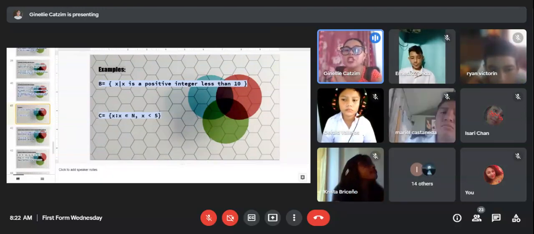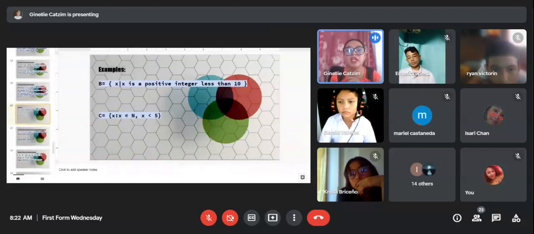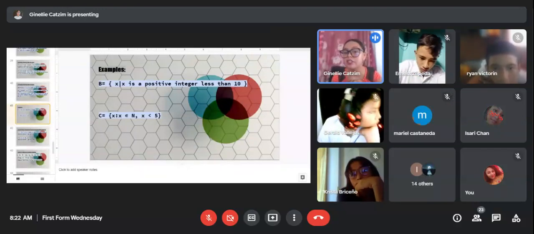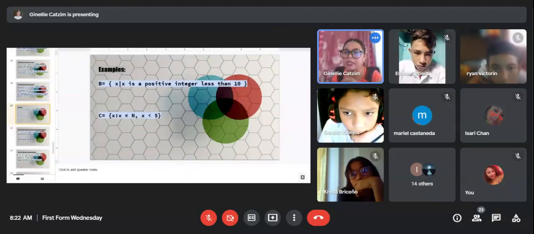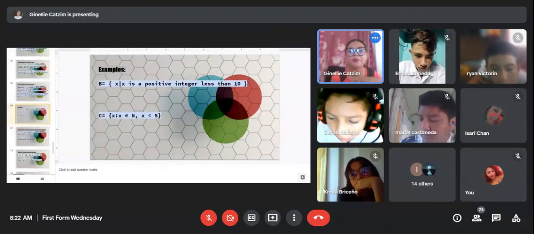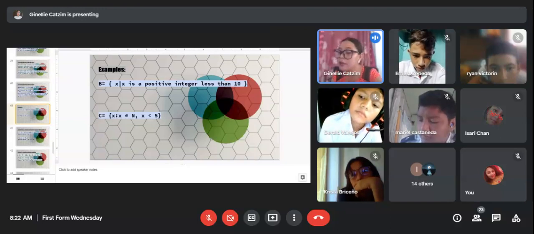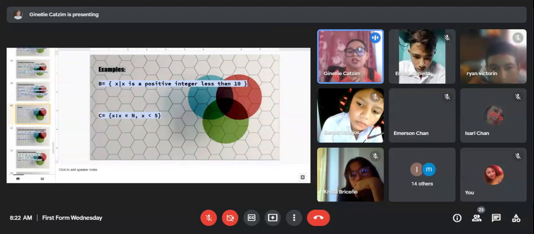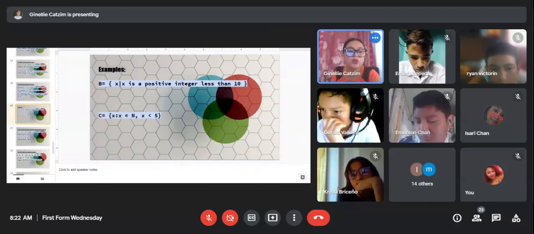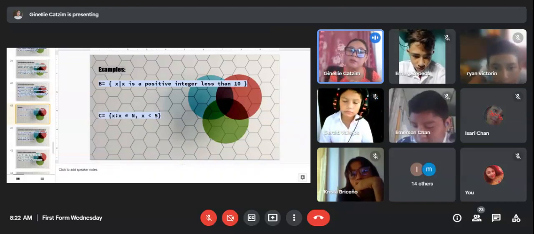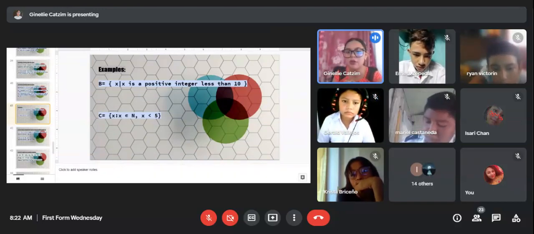So the first one is a description, right? A clear description. B equals X, where X is a positive integer less than 10. That's just a description there. Now, set C, for some of you might be challenging. Why? Because you don't remember some of the symbols that we have there. So you will try to say, but what does that mean?